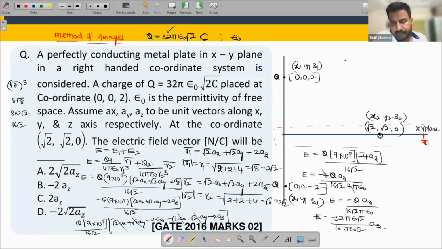All the terms covered? Check once. Is there any other term that we are missing? Just check once. No, I'm right.